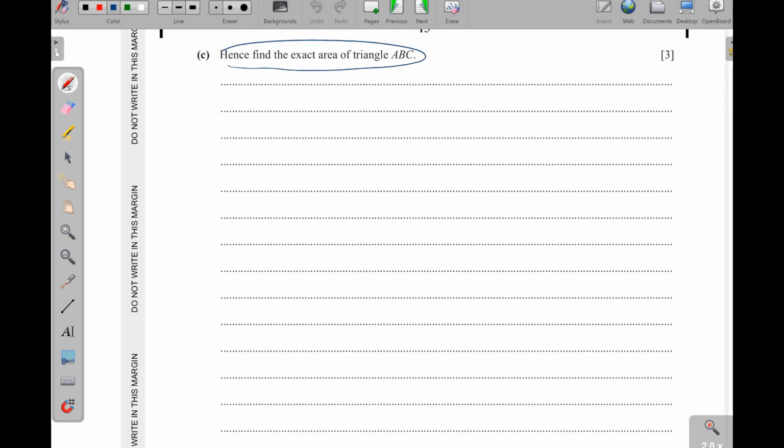Hence, find the exact area of the triangle ABC. So if I have that triangle here, maybe it is like that, A, B, C. I need this angle. If I have this length and this length and then the angle in between, then I can get the area of the triangle.